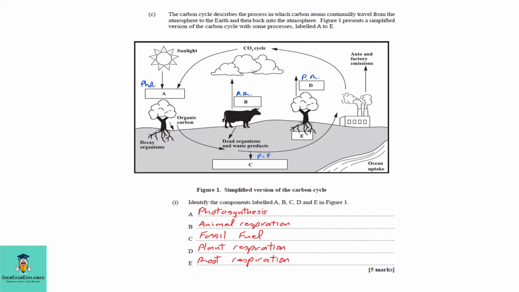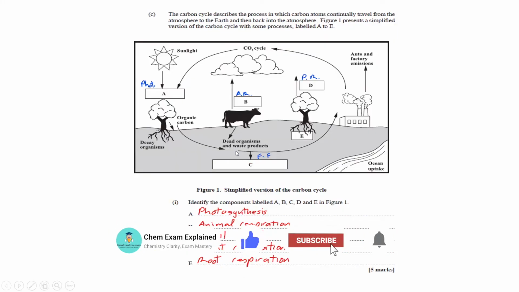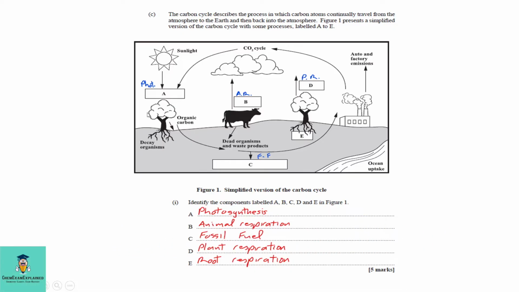3 part C. The carbon cycle describes the process in which carbon atoms continually travel from the atmosphere to the Earth and then back into the atmosphere. Figure 1 presents a simplified version of the carbon cycle and some processes labeled A to E. In this case, we're looking at a tree or a plant, and we see the sunlight, and the sunlight gives energy to the plant.